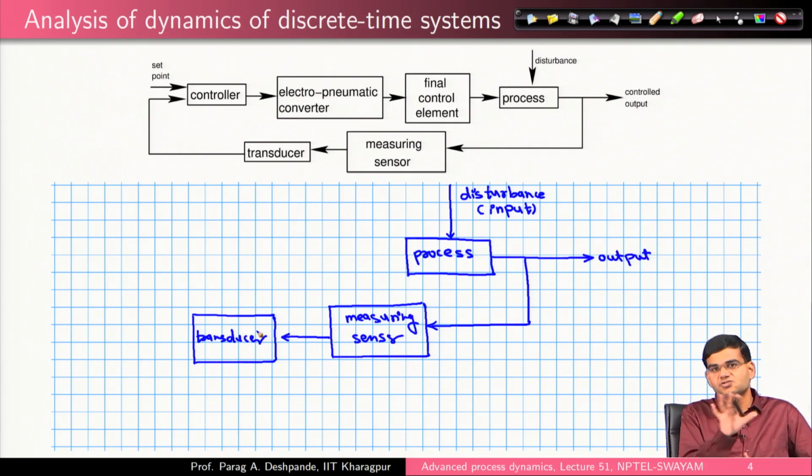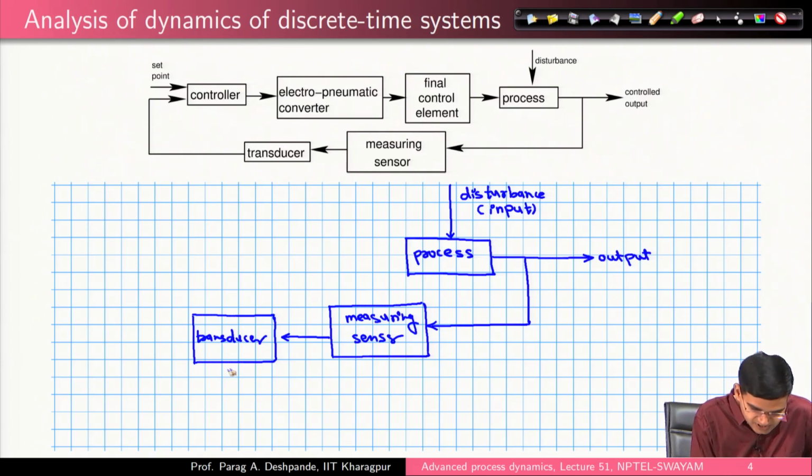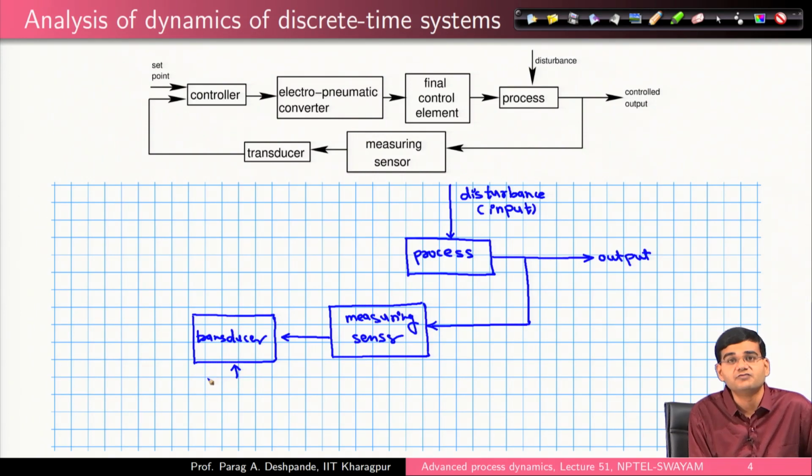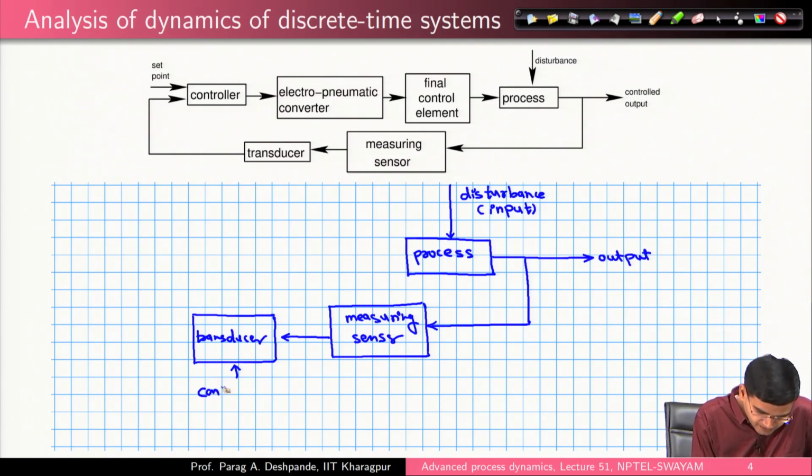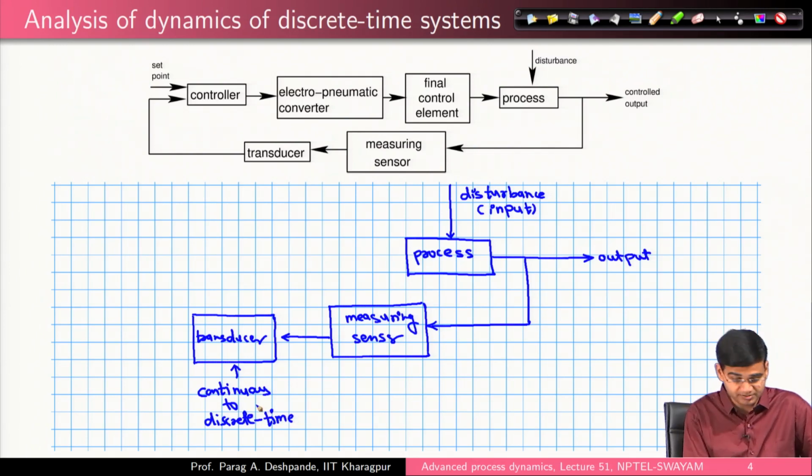Now, that EMF has to be converted to a signal which can be accepted by the computer, and there you see you have the transducer here, which would convert the continuous signal to discrete time signal and feed it to the computer, right.